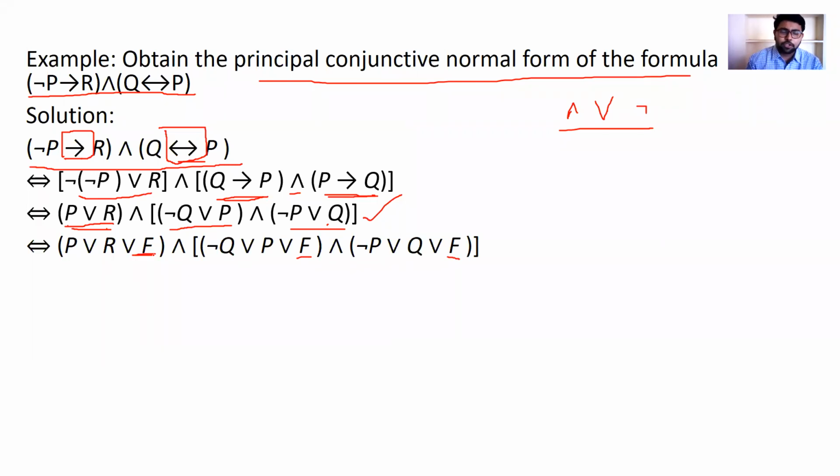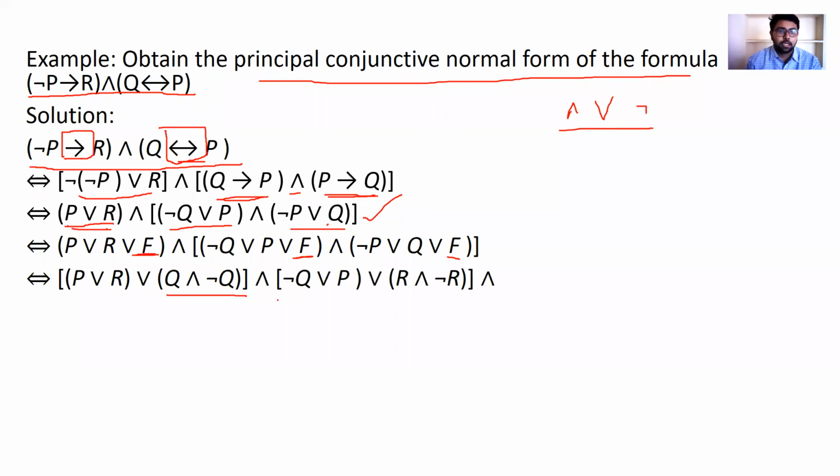So P or R or Q and negation Q, in the place of false I'm going to write Q and negation Q. In the place of this false, I'm going to write R and negation R. Q or P, or in the place of false, R and negation R. P or Q, or in the place of false, R and negation R.